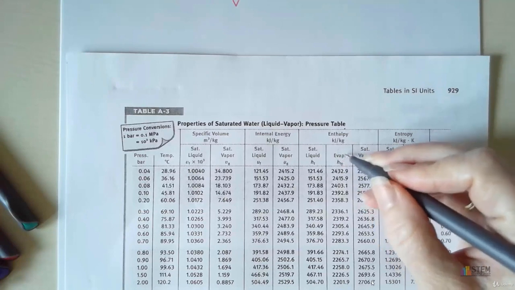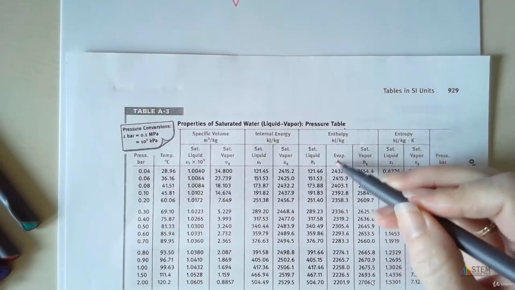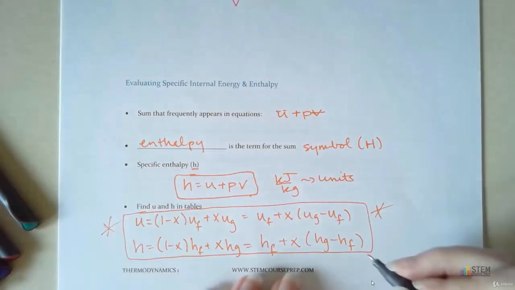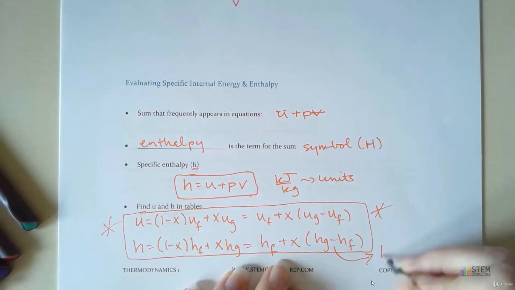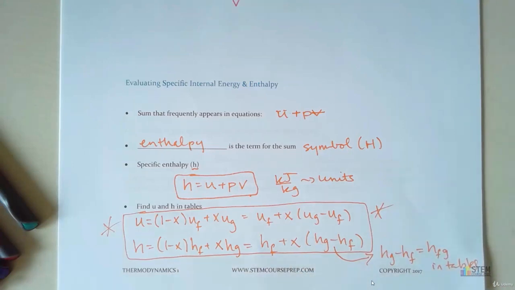And this is saying evaporation here. So this term h_fg, you can use that because that is essentially this difference right here. So h_g minus h_f is h_fg in the tables. Or at least it is in this textbook. Your textbook might be a little different, but this one, that's what it's got.